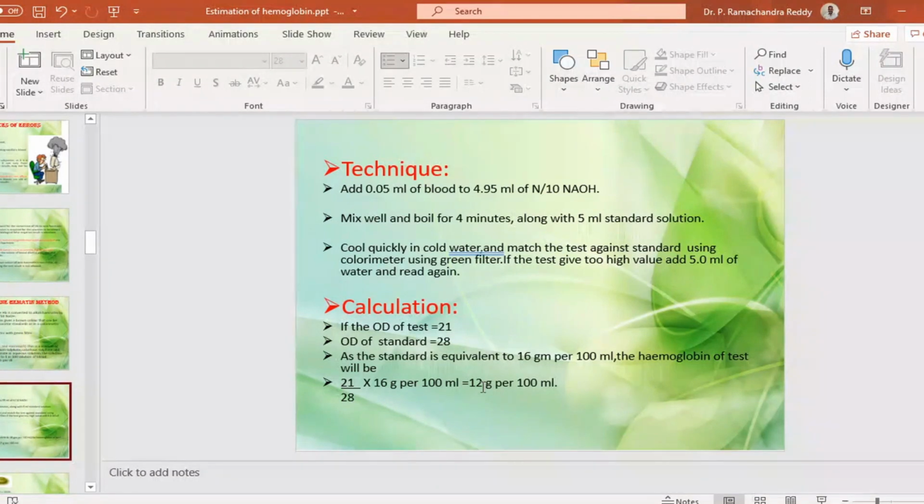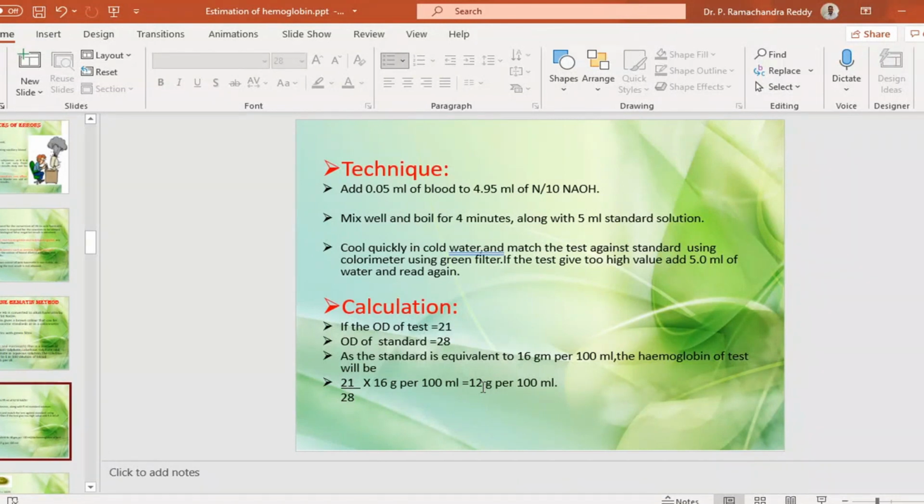The colorimeter gives readings only up to 3 OD, so when it is more than 3 OD you have to dilute it. The color gets diluted and then we go for the reading. If it is still too high, dilute again.